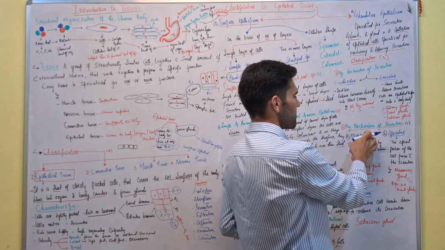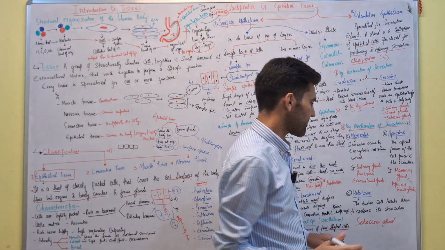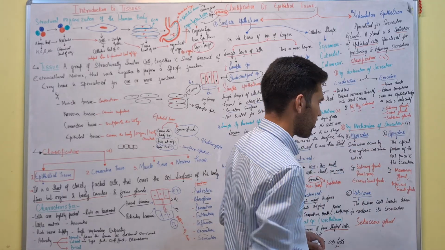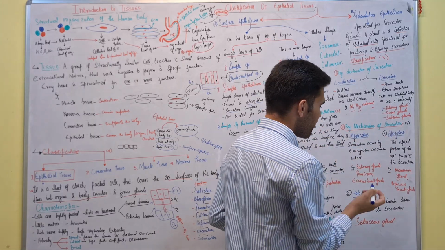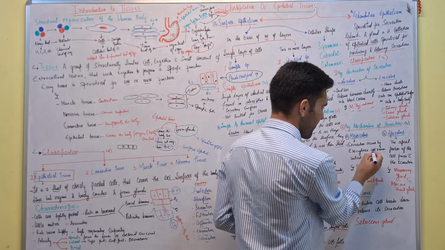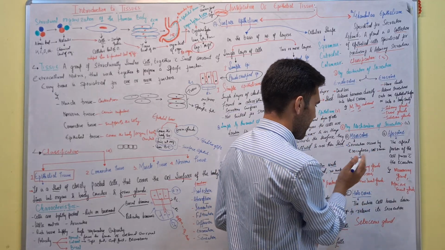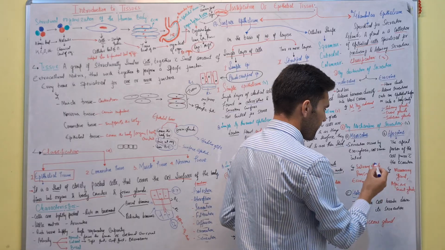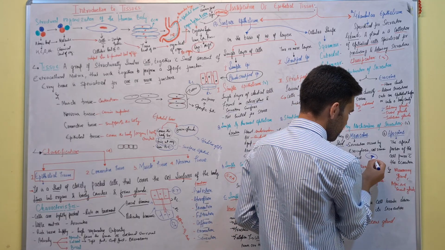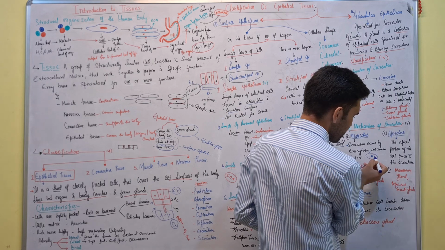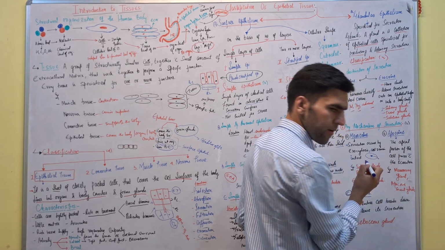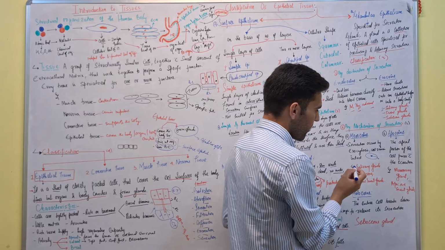Now coming to the second classification, by mechanism of secretion, that is, how they secrete. First we have merocrine, then apocrine, and then holocrine. In merocrine, secretion occurs by exocytosis and the cell remains intact. That is, if this is the cell, secretion occurs here, and when it is secreted, it is released either into the bloodstream or directly via ducts.